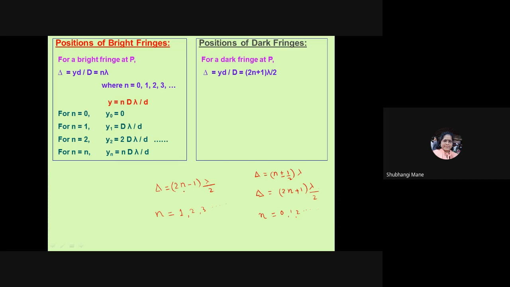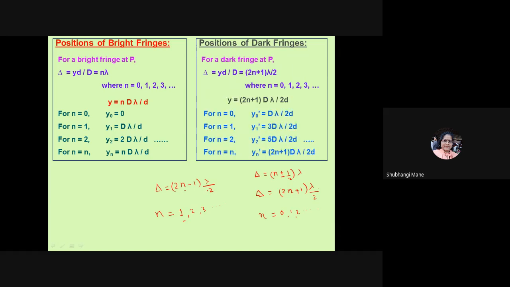And if you substitute n equals 1, then we get the condition of minimum of intensity for the first order spectra. So like this we are just comparing the equations and getting the different order spectra. For the first order spectra, y is the distance between the central point O and the first maxima.